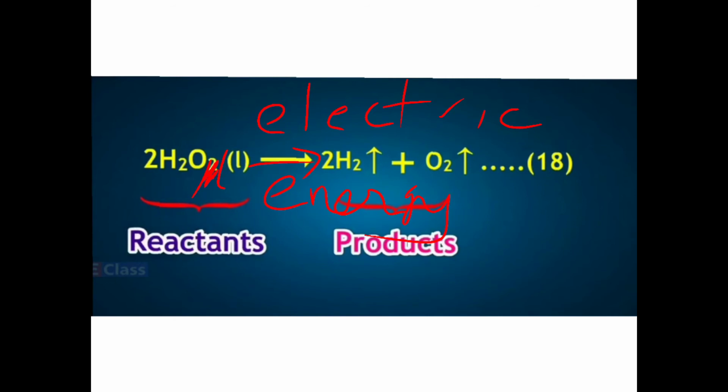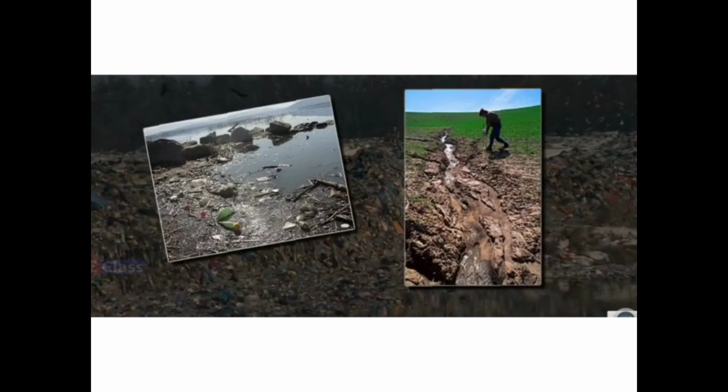So let us understand the definition of decomposition reaction. The chemical reaction in which two or more products are formed from a single reactant is called a decomposition reaction. Now in the surrounding, many degradation processes take place, of all the organic waste.